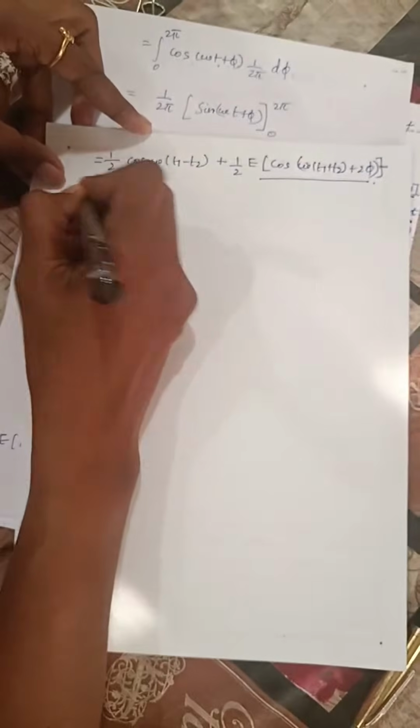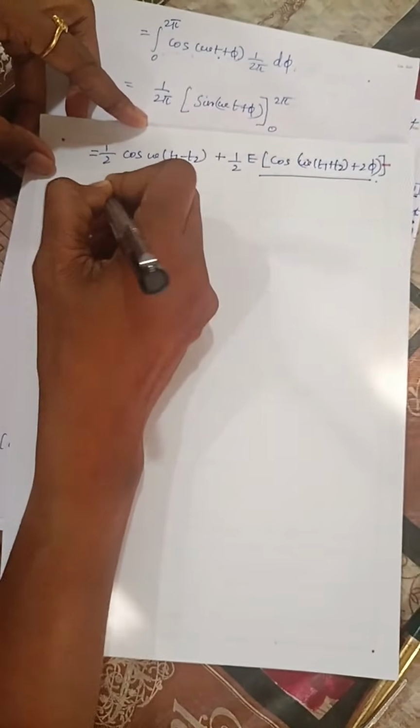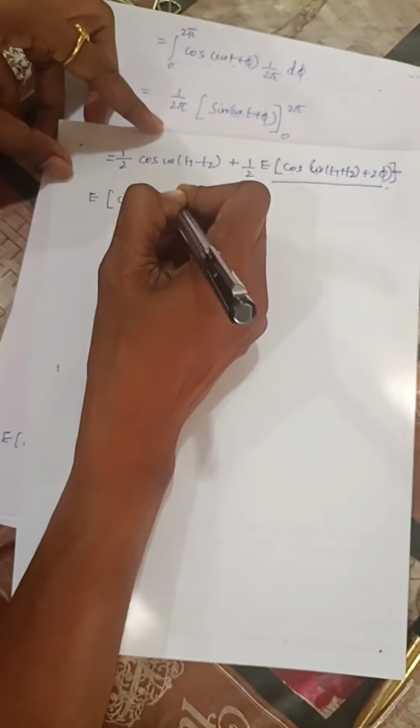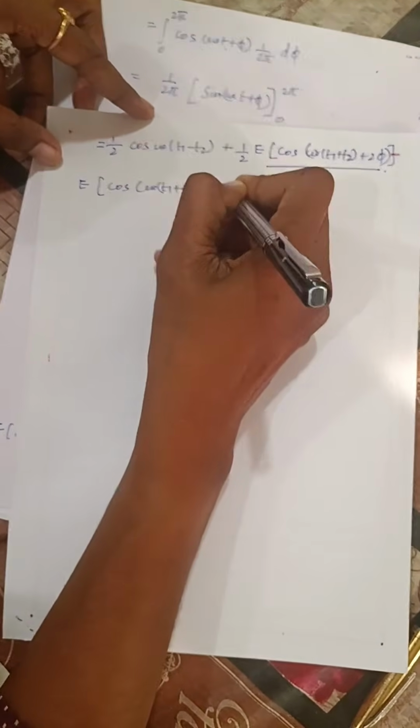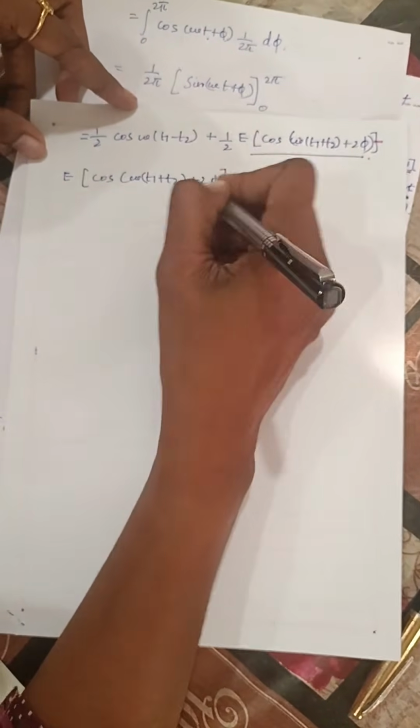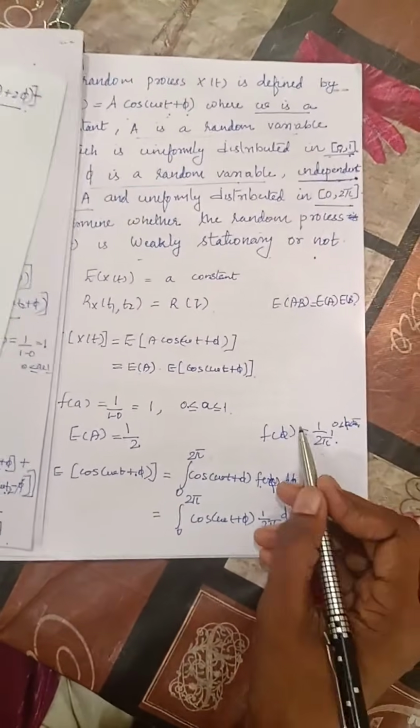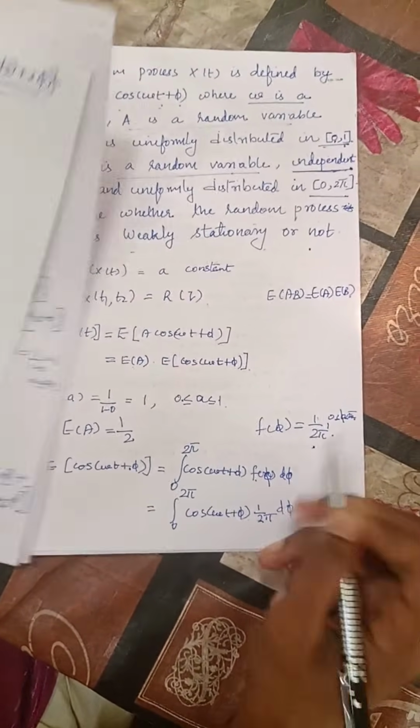Now let us see the expected value of cos omega t1 plus t2 plus 2 phi. This is a function of phi. Phi is uniformly distributed in 0 to 2 pi and f of phi is 1 by 2 pi.